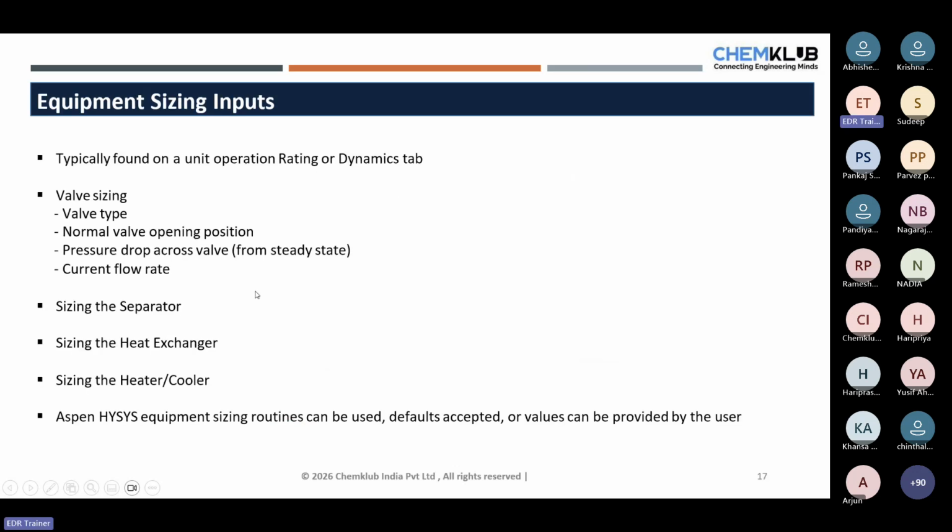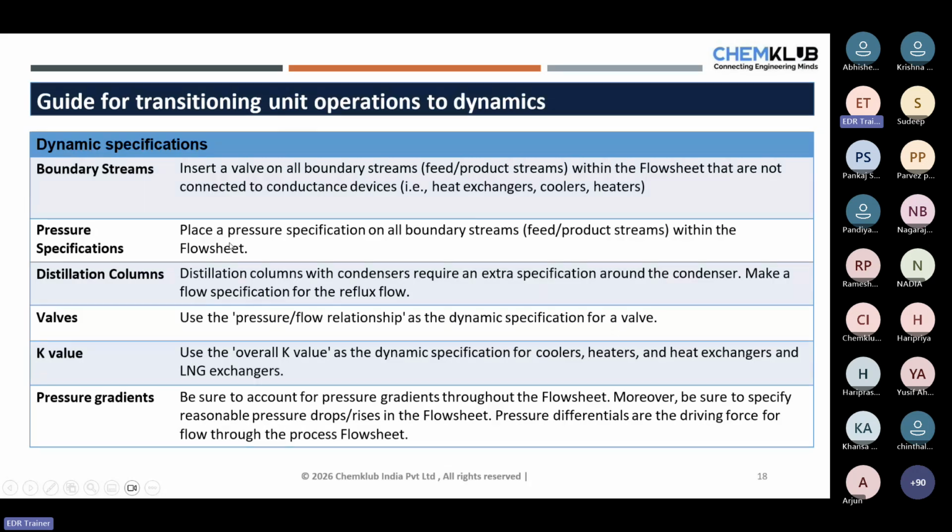Apart from that, pressure specification: we have to place a pressure specification on all boundary streams. That we have already seen, it has to be either a pressure specification or a flow specification. A distillation column with a condenser requires an extra specification around the condenser, so make a flow specification for the reflux flow.